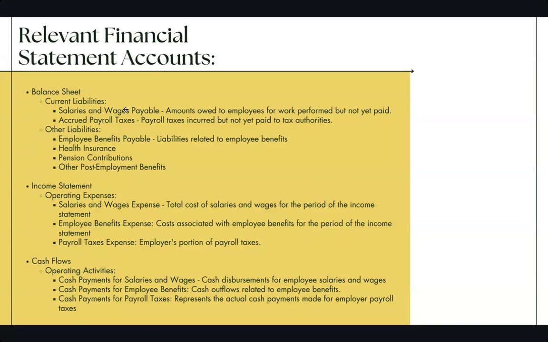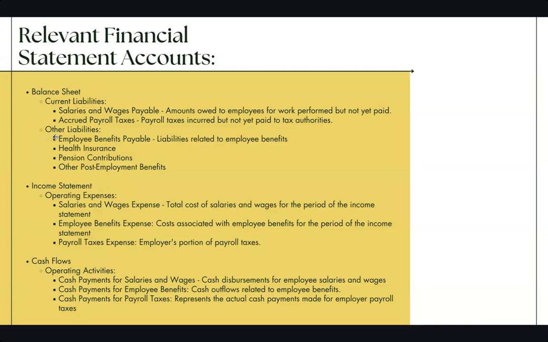On the income statement, you will see payroll and benefits fall within the operating expenses, in the following categories: salaries and wages expense, employee benefit expense, and then payroll tax expense. The last section is the statement of cash flows, which directly relates to operating expenses. They would fall within the operating activity section of the statement of cash flows.